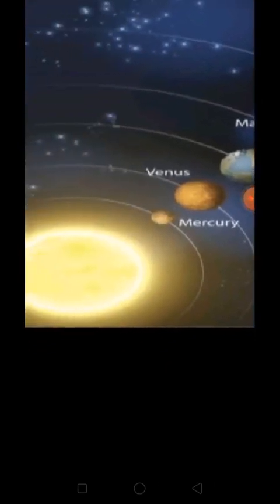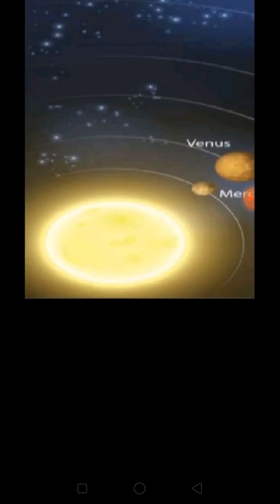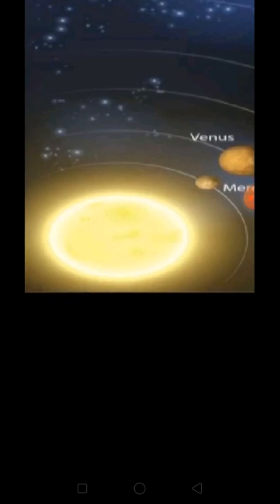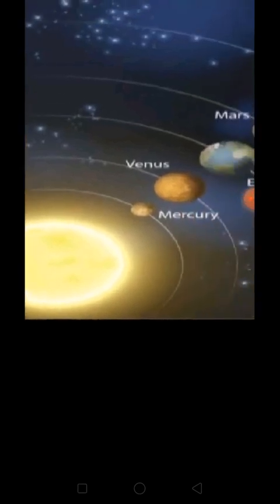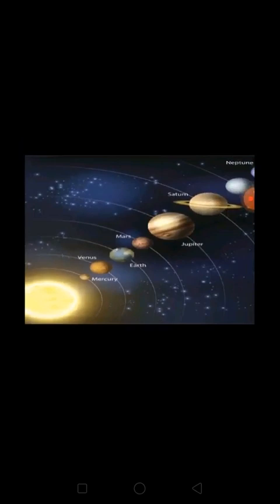See over here. These planets revolve around the sun in their fixed pathway, and this fixed elliptical pathway on which the planets move around the sun is known as orbit. You can see every planet has its own orbit, indicated over here in the form of a single line.